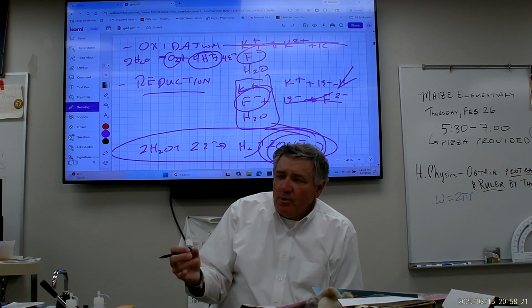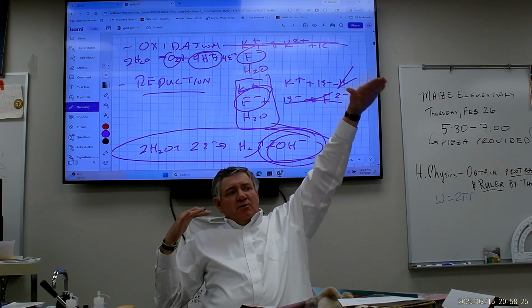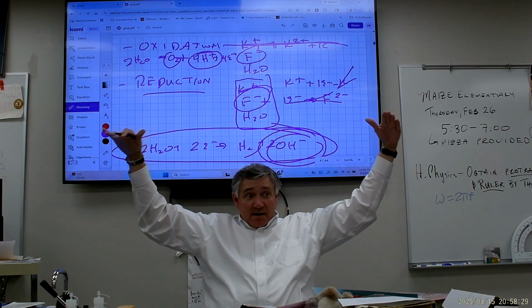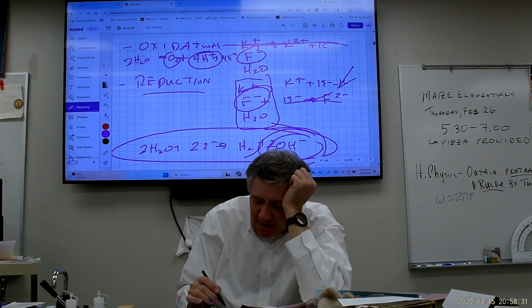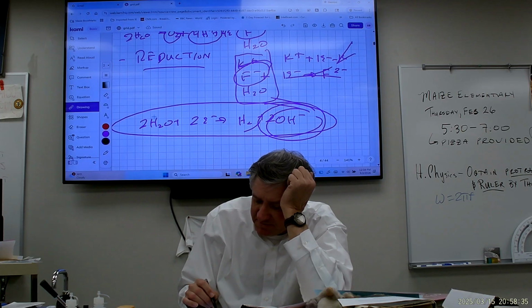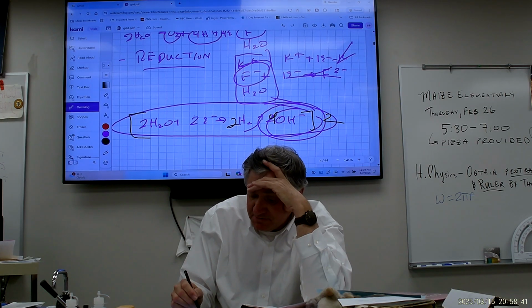Okay. Now, when you combine these together, water in this situation is both reduced and oxidized, but you have to go through that same process. So come over here. This is 2 electrons. We're going to multiply all of this by 2, and then that becomes 4, that becomes 2, that becomes 4, that becomes 4.